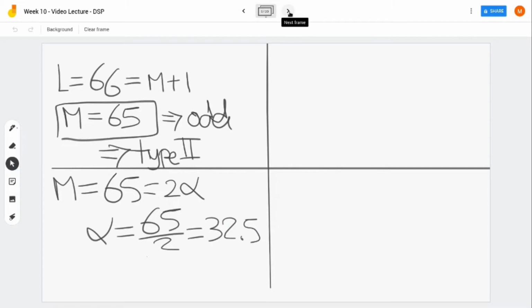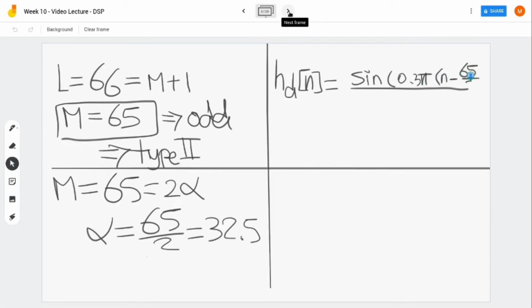So h desired of n would be sine of omega c, and if you remember, omega c was 0.3 pi, times n minus alpha, so n minus 65 by 2, over pi times n minus alpha, n minus 65 by 2. This would be the ideal impulse response.